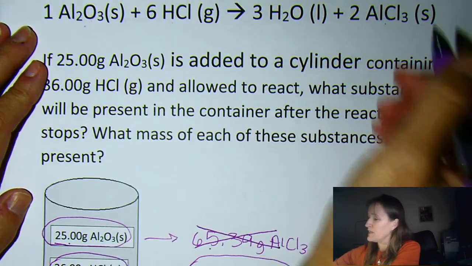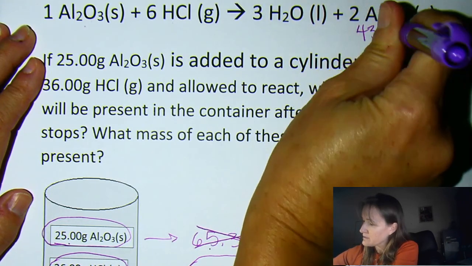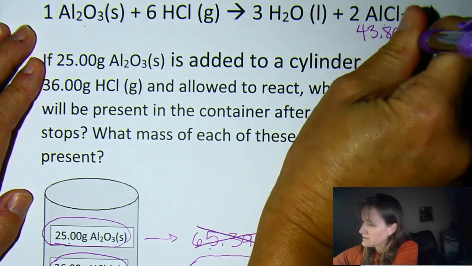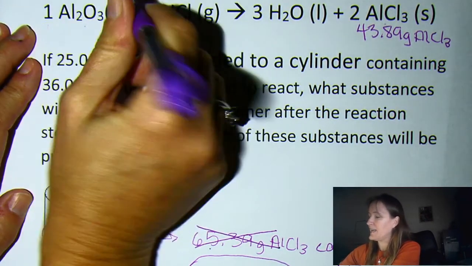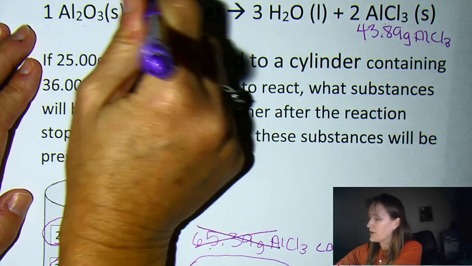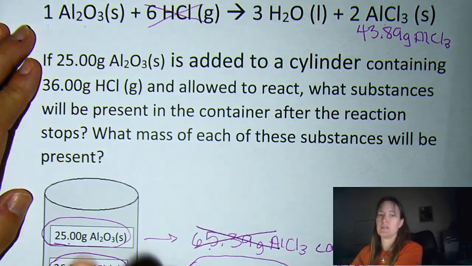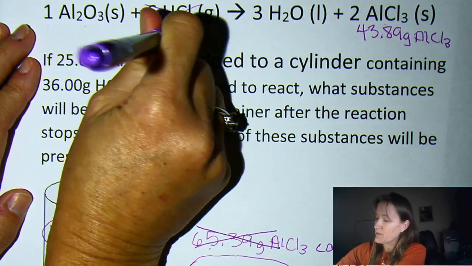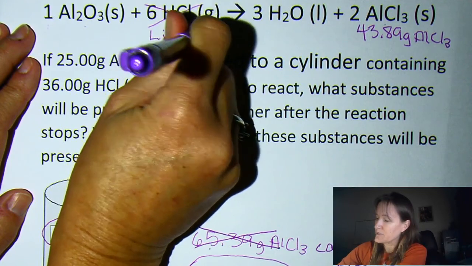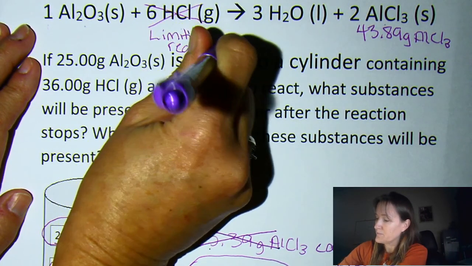And so if we create 43.89 grams of this product, we're reacting aluminum oxide and HCl, but once we reach this mass, we're not going to have any more HCl left. We're going to run out. And so the limiting reactant for this problem is going to be the HCl.